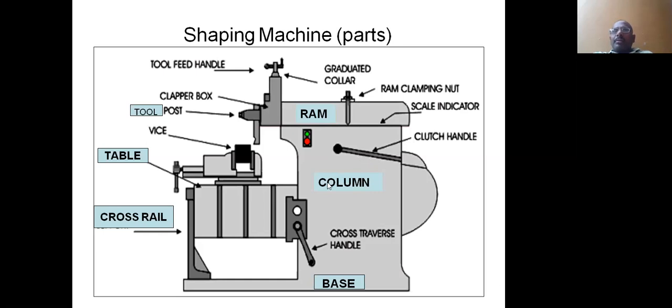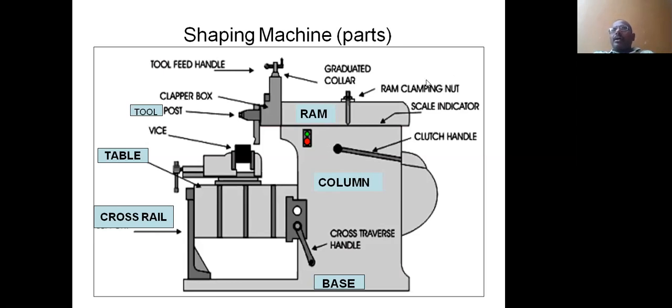Not only the quick return mechanism, the power drive required is also provided within the column. So it is a rigid structure, because it carries mechanisms. In addition to this, it also supports the ram.